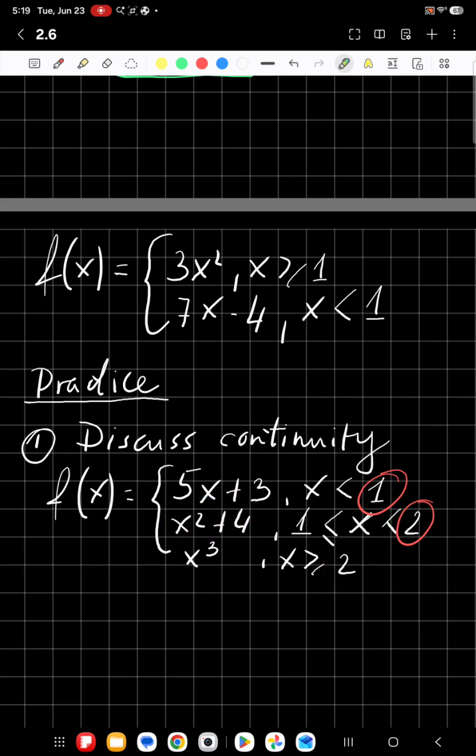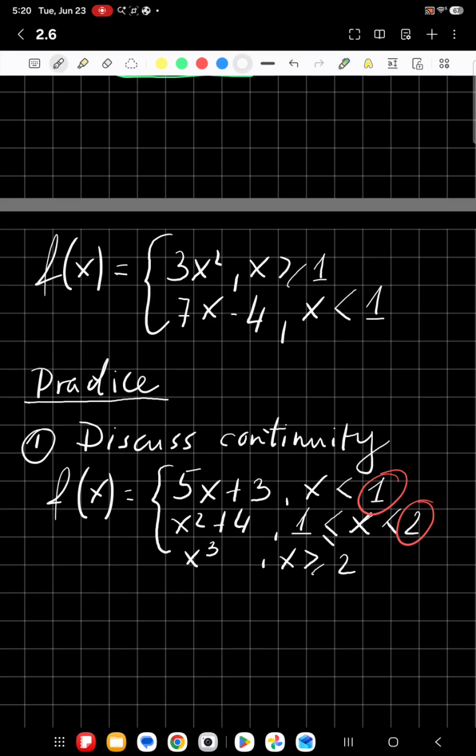We don't need to go through this definition with 3 different conditions, because all 3 functions are continuous. The only problem is those 2 junctures. I hope you understand what you need to do. I'll give you answers in a moment.